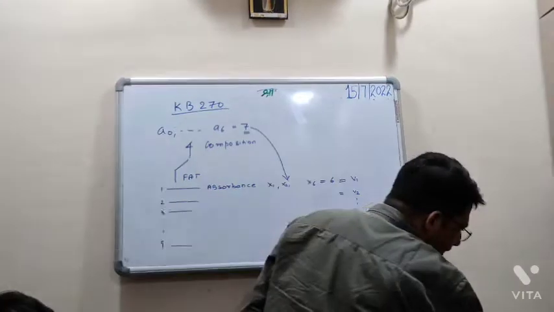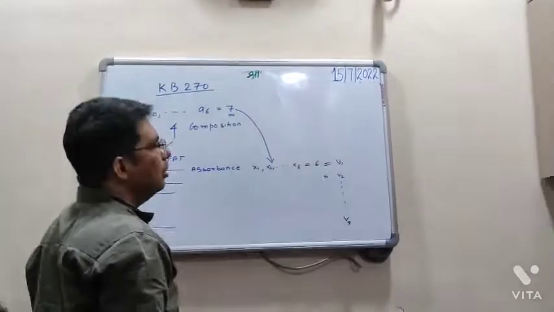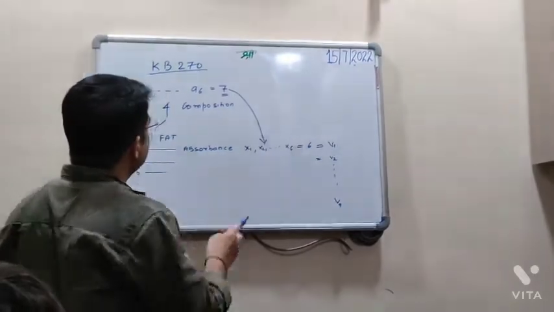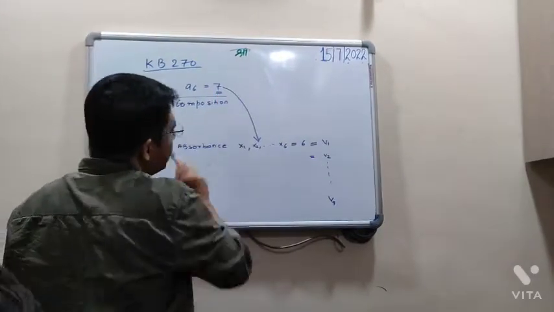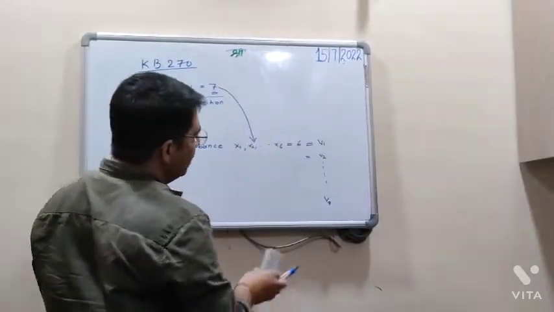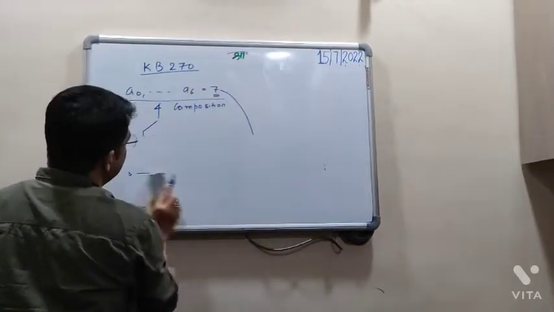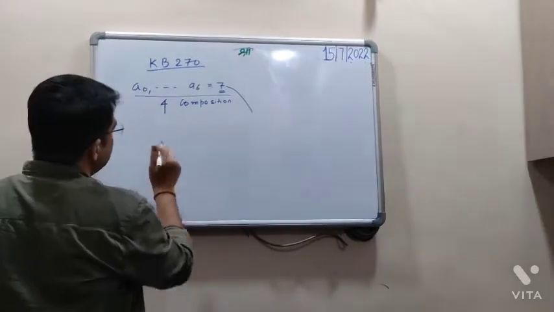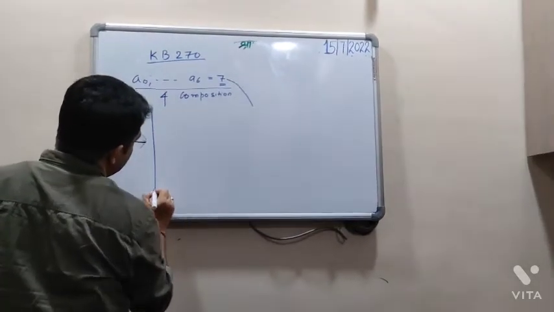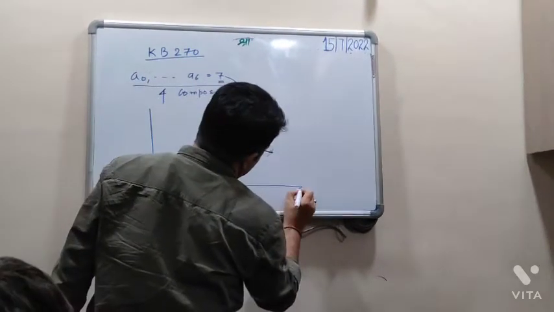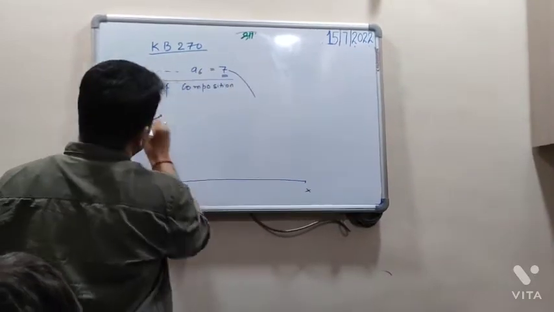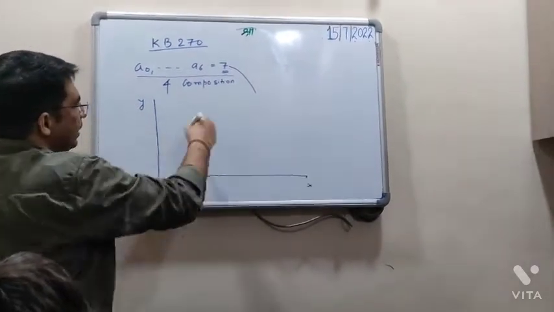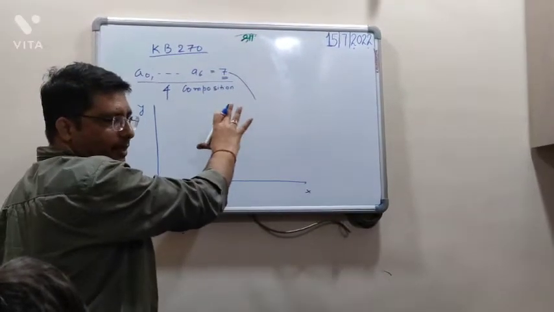Now the problem starts over here. Actually, not a problem, but this is the actual step showing where this A0 to A6 has come from. So you have V1 to V9. Let me represent V1 to V9 in an XY plane, this is the X axis, this is the Y axis.